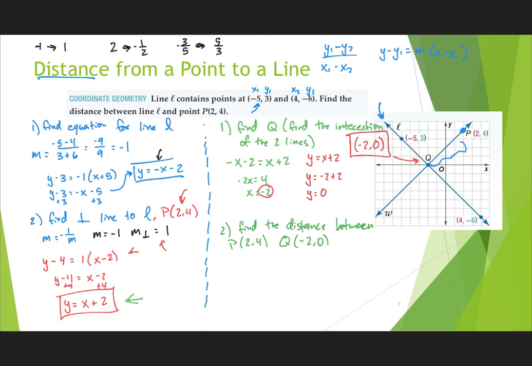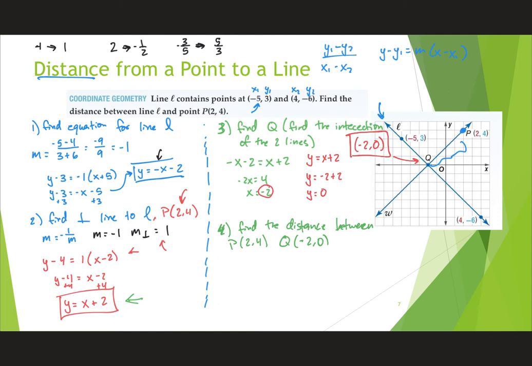We were given the first one with P, but we didn't know what our second point was. That's why we had to go through steps 1, 2, and we can even name this one up here 3 to figure it out. We had to find our second point so we could go ahead and do the distance.